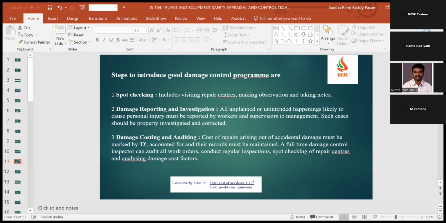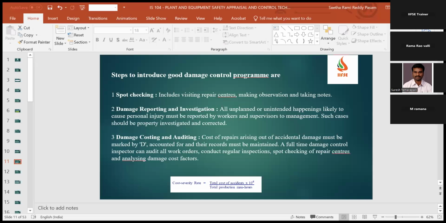The department majorly focuses only on the cost incurred on hospital expenses, other expenses or compensation paid. They won't see the cost involved from that accident to the machinery or any production delay, etc. Mostly we focus on people related accidents.